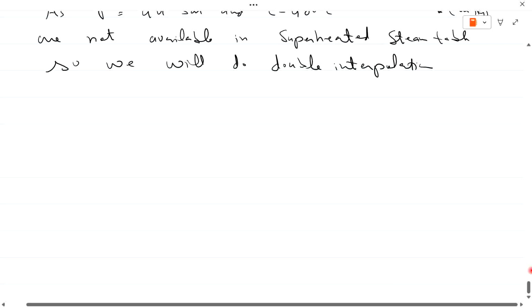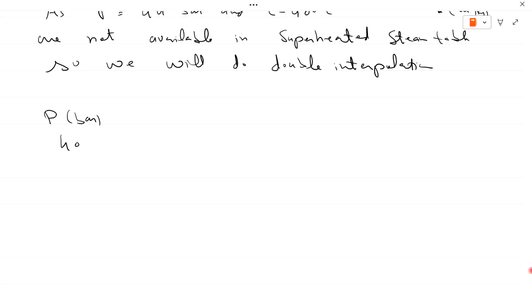Pressure is given in bar. 40 bar and 50 bar are available in the superheated steam table, but we have to find specific volume at 44 bar. Similarly, for temperature in degrees centigrade, 400 and 450 are available, but we have to find specific volume at 420 degrees centigrade.